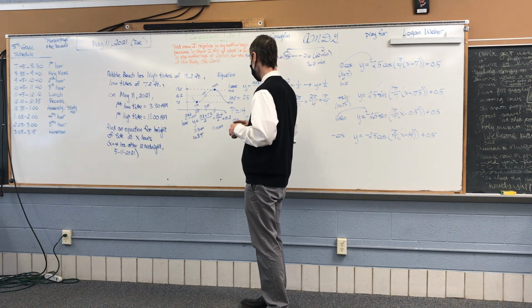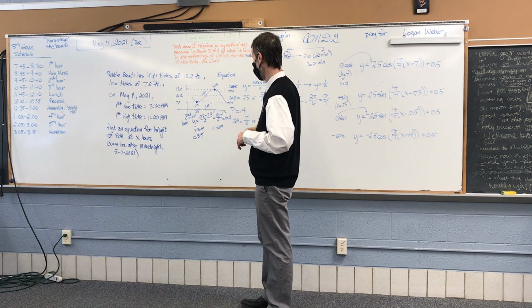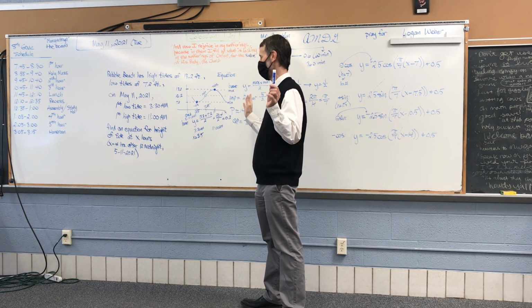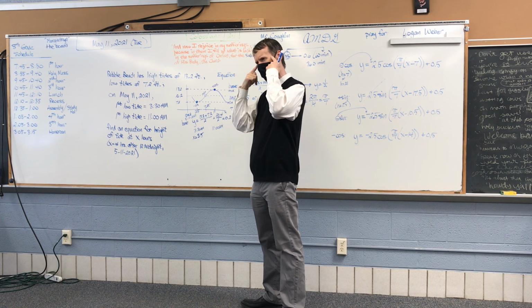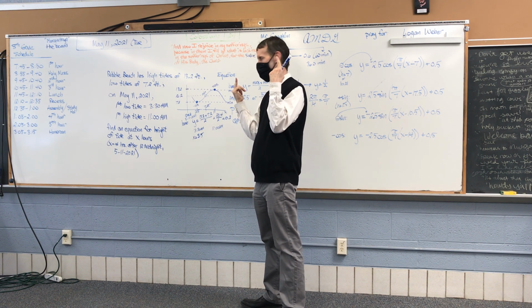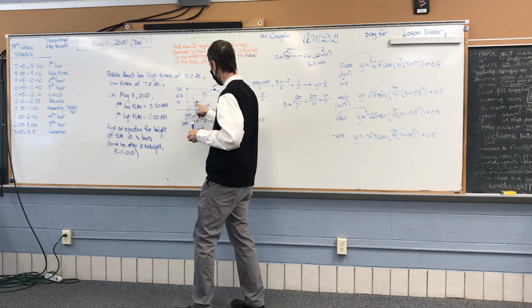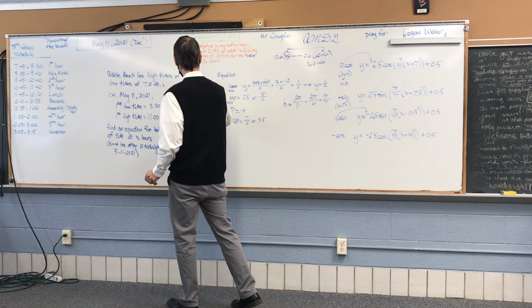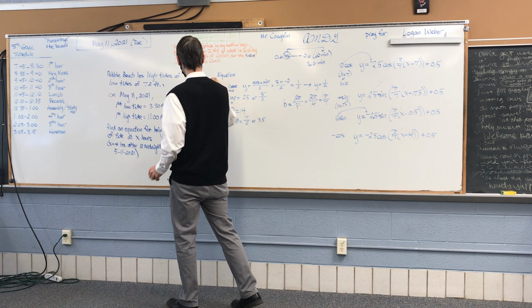Can somebody tell me, is there a complete period on screen? No. How much of a period is there? Quarter? Sort of. What is half? There's half. This is 1/2 of a period. And how long is that?